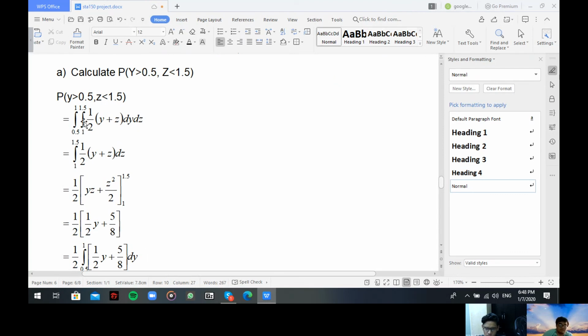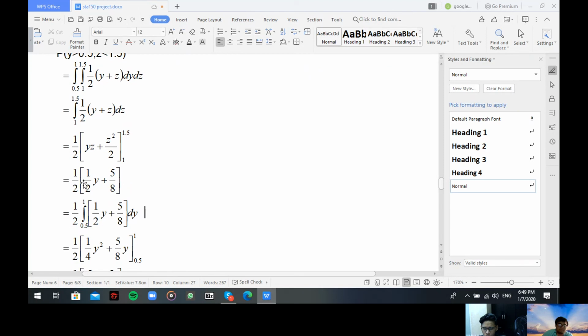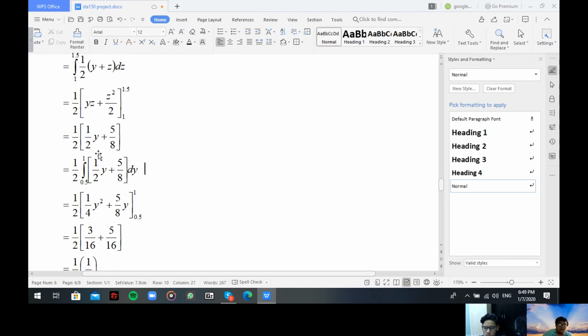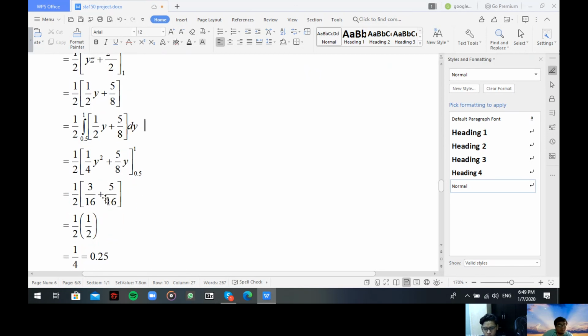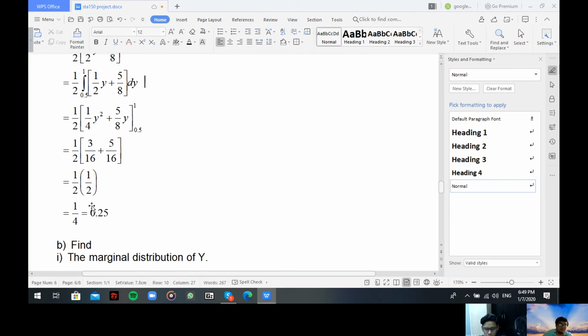With me, I would like to integrate the first one first. So 1.5, 1, I integrate, then I get 1 over 2 multiplied by 1 over 2 y plus 5 over 8. So I do the second integration, 0.5, and I integrate like normal, and then I get 1 over 2 multiplied by 1 over 2, and I will get 1 over 4, which equals 0.25.